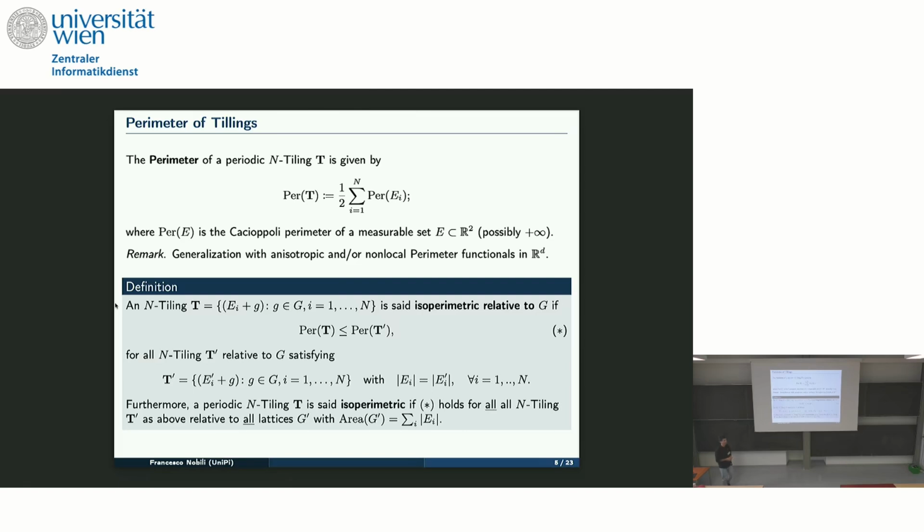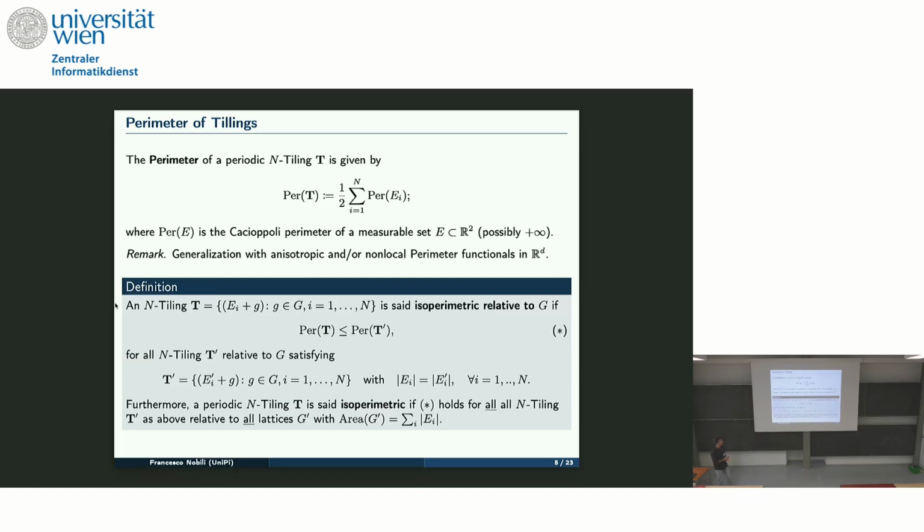And the definition of isoperimetric tiling would be then an n-tiling T, which will be said isoperimetric relative to the lattice G, provided the perimeter of the tiling is less than or equal to the perimeter of any other tiling T prime, which is relative to the same lattice G, and of course you should match areas. So the area of the generators E_i prime should match the one of the starting tiling.